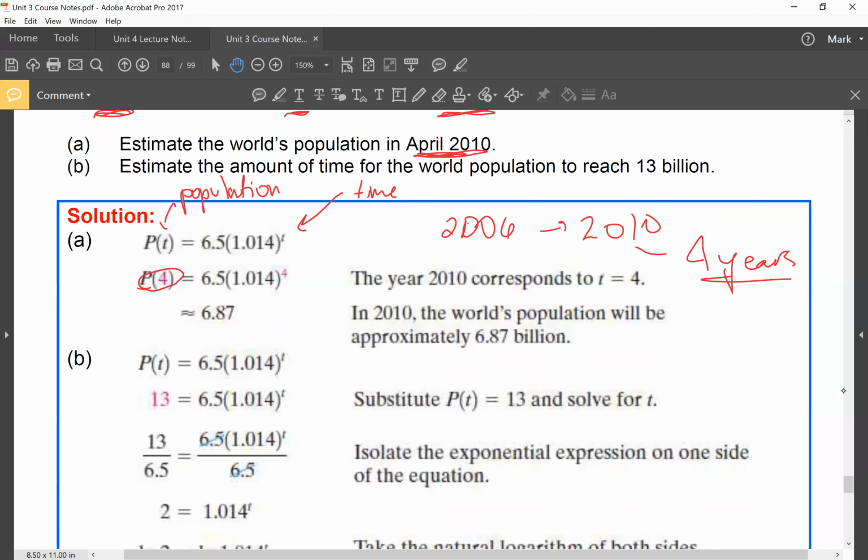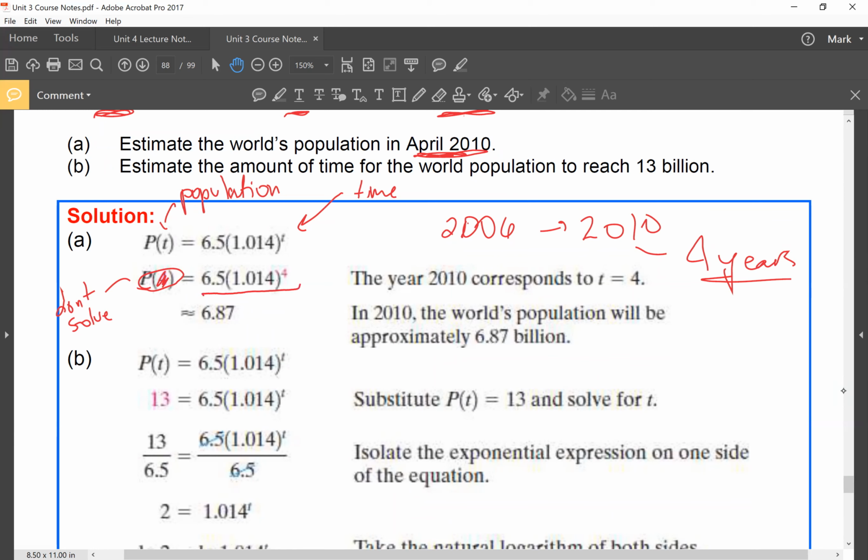See how it says P of t? This means population as a function of time. So just say P is equal to the population after 4 years.